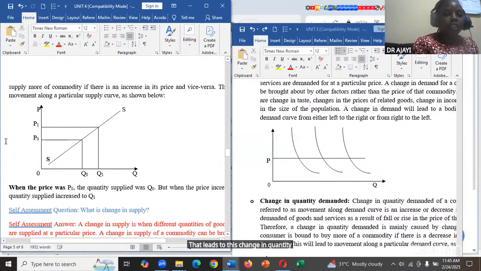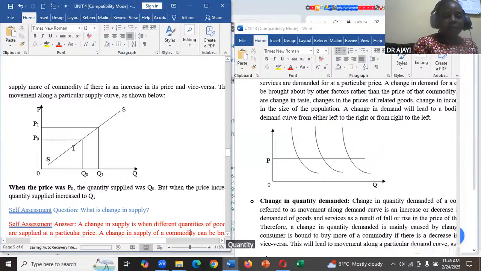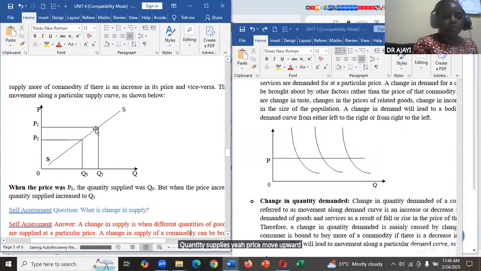So another way of explaining this is when we call it bodily movement along the same supply curve, like that of demand. Movement along the same supply curve. So price is here, quantity supply is here, price moves upward to P1, quantity supply also moves upward.